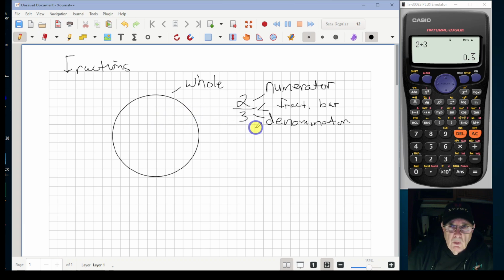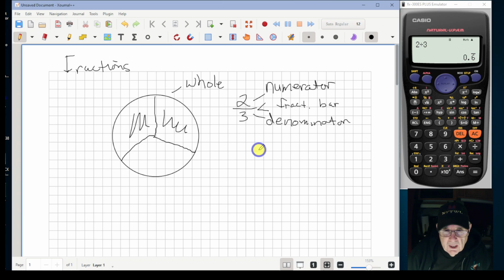So what do these mean? Well, let's start with the denominator. And always remember denominators on the bottom because it's down, and denominator and down both start with a D. So the other one's up on top. So let's divide this up into 3 equal pieces because that's what the denominator says. We'll pretend that those are all equal. This tells us that the whole has been divided into 3 pieces and that we have 2 of those pieces. That's why fractions are ratios, ratios are fractions, fractions are rational numbers.